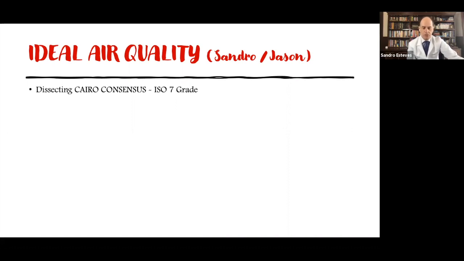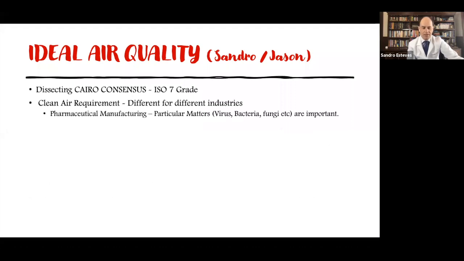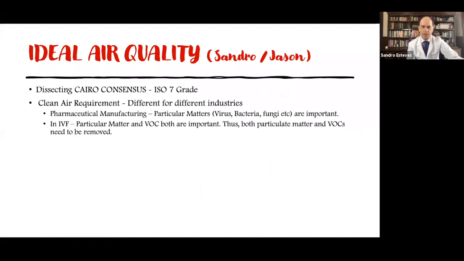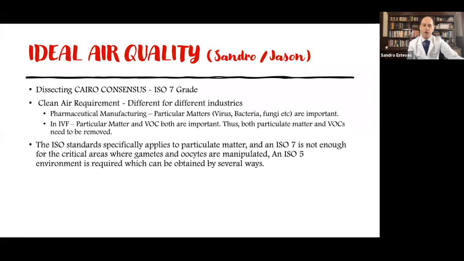The Cairo consensus, for those who do not know it, was an exercise done by a group of experts, and a publication came out of it in 2018, I believe, in RBM Online. I did not participate in it, but I have seen that several of our publications were cited in that paper, including several chapters of this book that I wrote with Alex Varghese and Catherine Warrilow from the US, which is Clean Room Technology in ART Clinics: A Practical Guide.